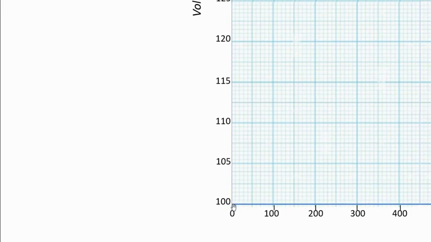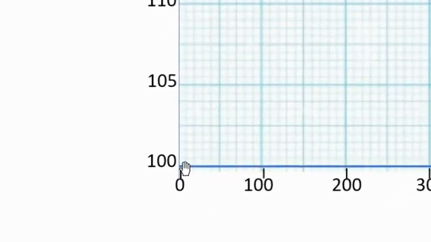That means if we're taking the 5 milliliters and dividing it into 10 parts, each tiny block on our scale here will represent half a milliliter. 5 divided into 10 parts. So 2 blocks will represent 1 milliliter.